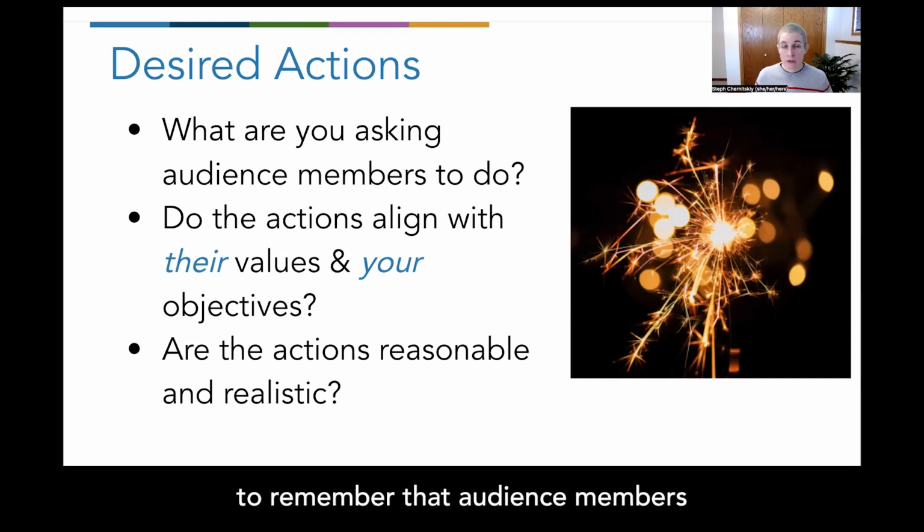Now, it's really important to remember that audience members do not necessarily share our values. Each of them have their own set of values and beliefs. And so we really need to make sure that the actions align with those values and beliefs. And related to that, are the actions aligned with your objectives? If they take those actions, is it advancing achievement of the objectives that you've laid out? And then lastly, are those actions reasonable and realistic?